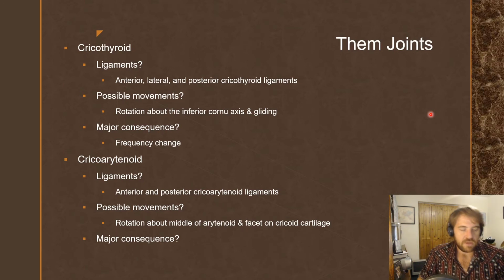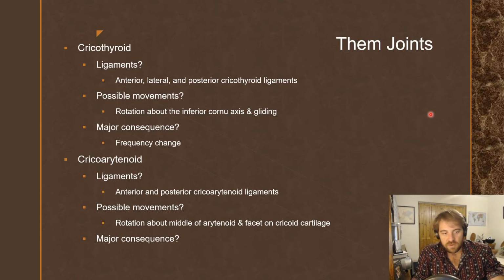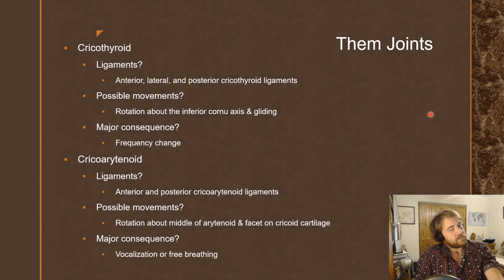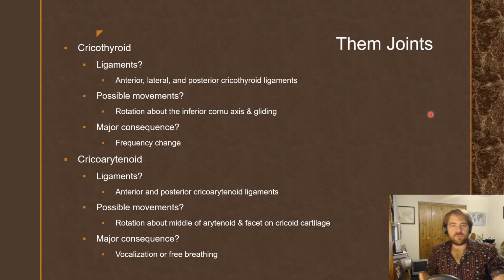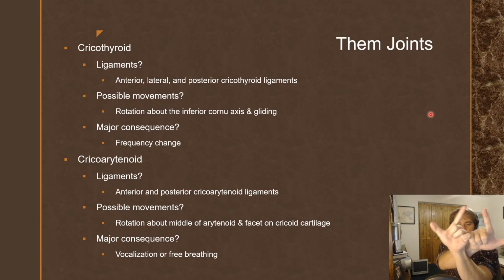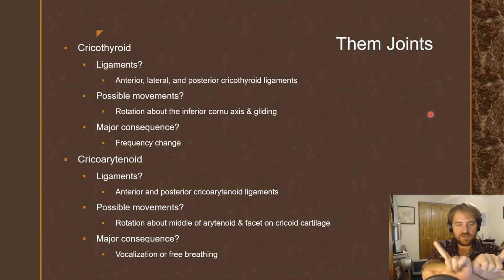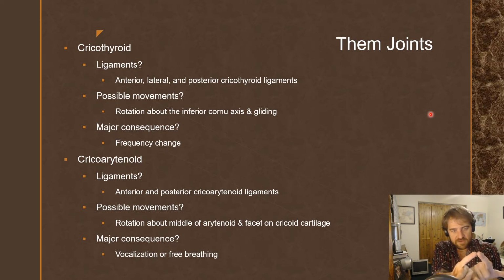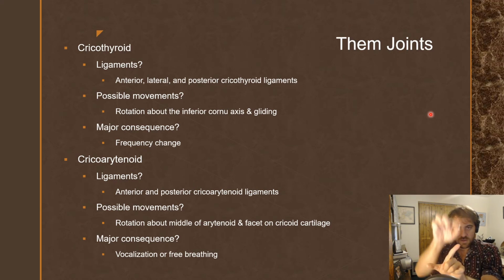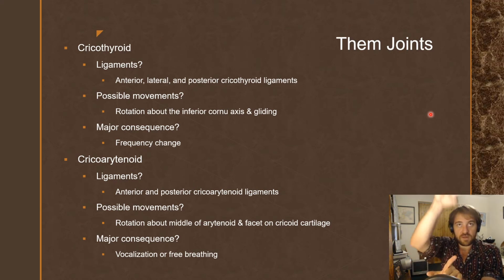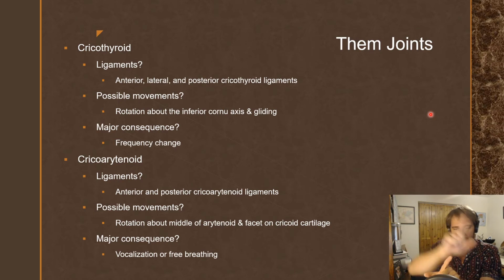Okay. What's the major consequence of rotation about that axis? Well, it's vocalization or free breathing, right? Because what you're doing is you're either bringing the vocal process of the arytenoids together, the vocal folds coming up from here onto an imaginary thyroid cartilage up here.